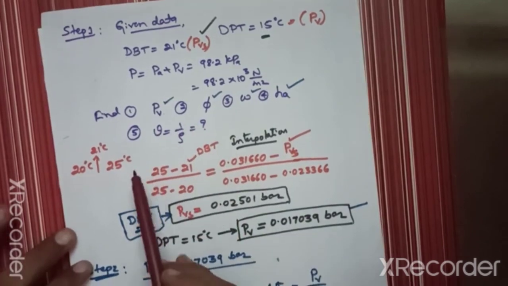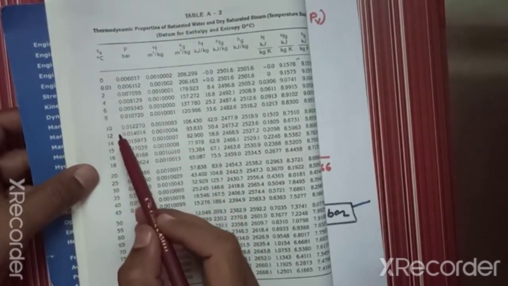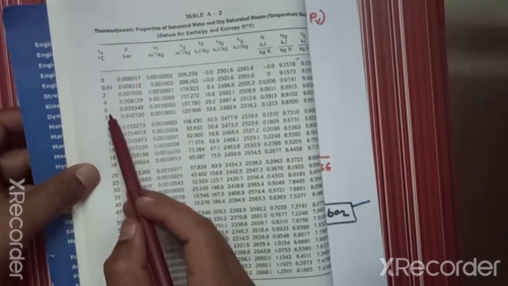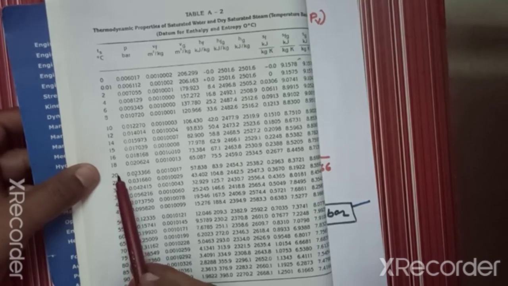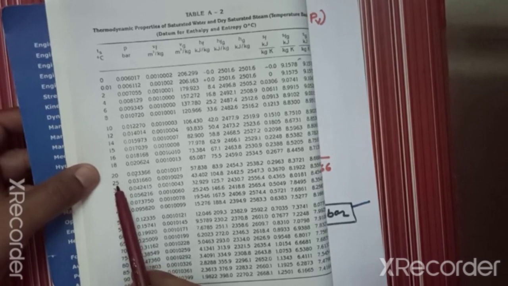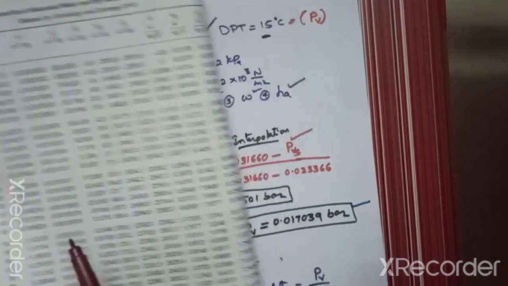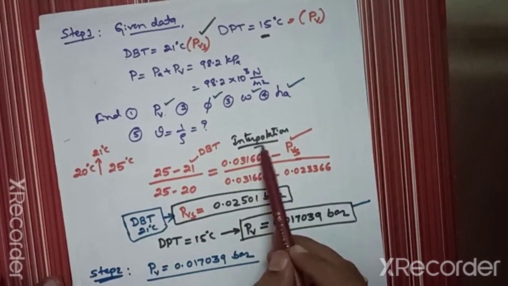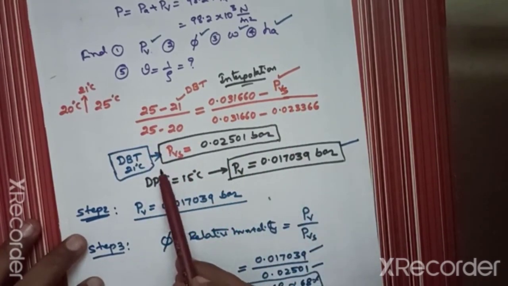And in the steam table, when you are taking the value of pressure using dry bulb temperature 21 degrees, 21 degrees is not given in the steam table directly, because 20 is there, 25 is there, 21 is in between these two. So to calculate this pressure value at 21 degrees, first I have taken the interpolation method. So interpolation, highest minus lowest. You follow this step.